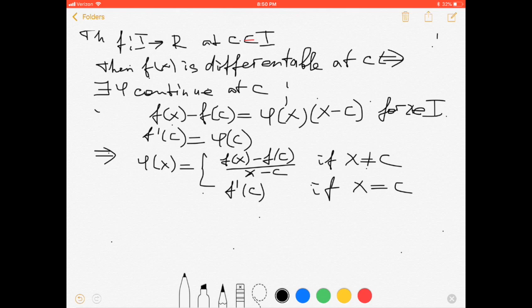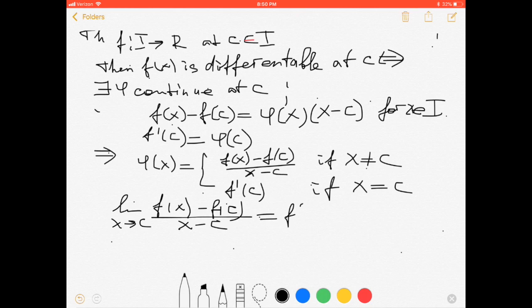Now we need to prove this function is continuous. Okay. How? We remember the definition of the derivative: limit of (f(x) minus f(c)) over (x minus c), as x approaches c, is exactly equal to f prime c. But f prime c equals phi(c).